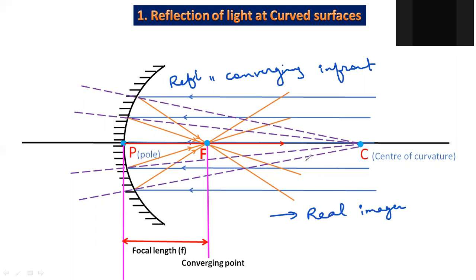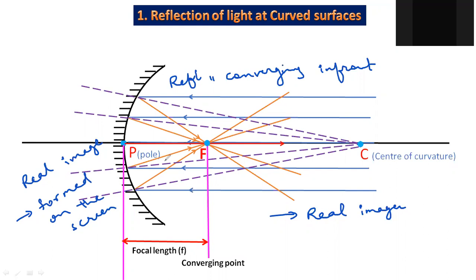What is actually a real image? A real image is simply the image which is formed on the screen. That image is called a real image.